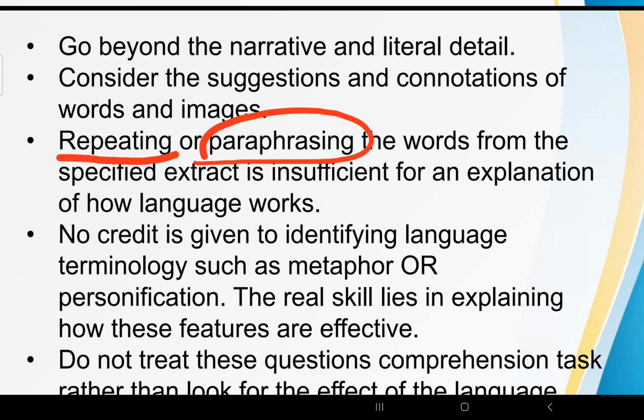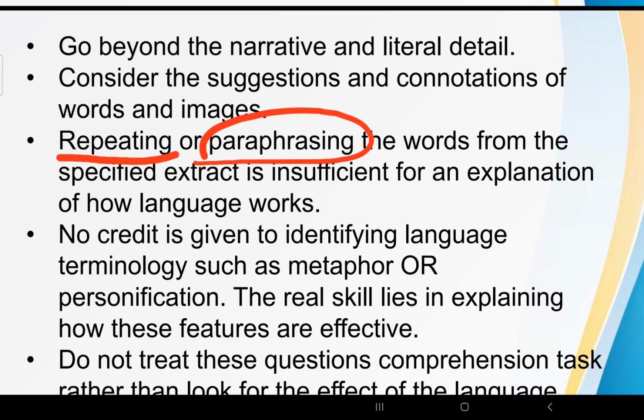You do not just write that in your own words or in simple words. That is not enough. The demand of these questions is different, not the same as we have in the comprehension task. Then no credit is given to identifying language terminology such as metaphor or personification.